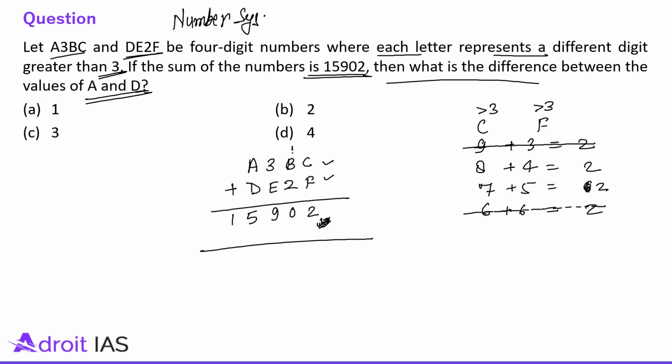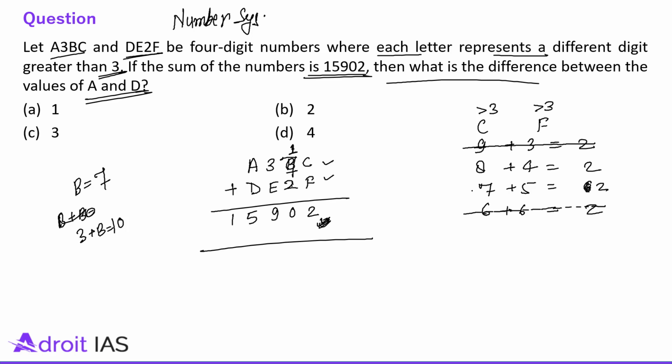Now 1 is getting carried over here. So 1 plus B plus 2 is 0, and 0 means 10. So 1 plus 2 is 3, and 3 plus B is 10. It means B has to be 7.